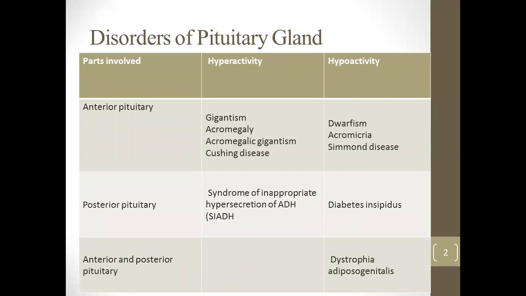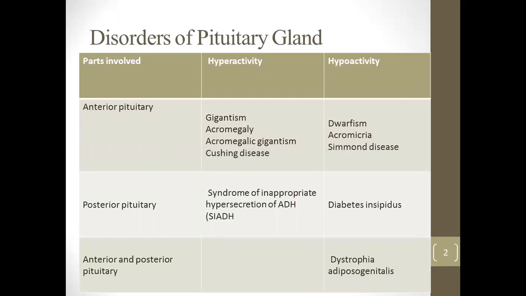In this slide, we can see there is the anterior pituitary and the posterior pituitary. Hyperactivity of the anterior pituitary will cause gigantism, acromegaly, gigantism, and Cushing's disease.